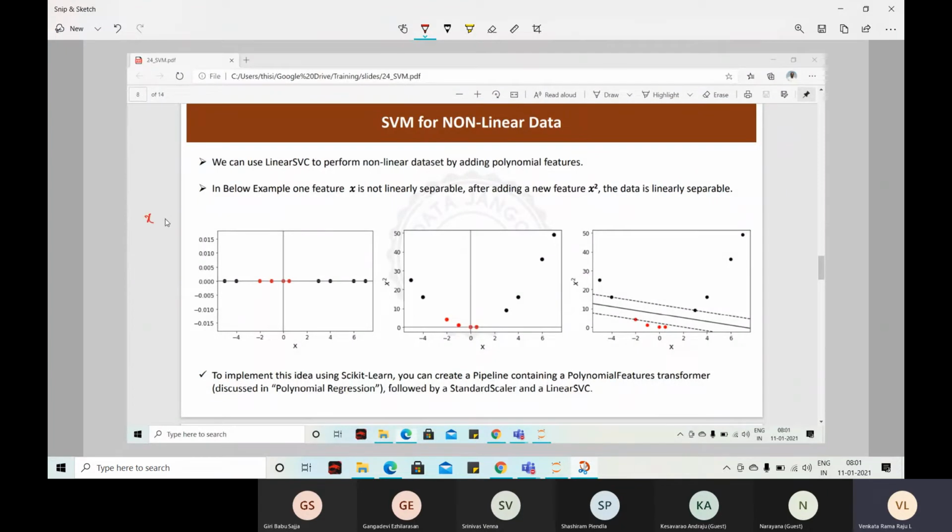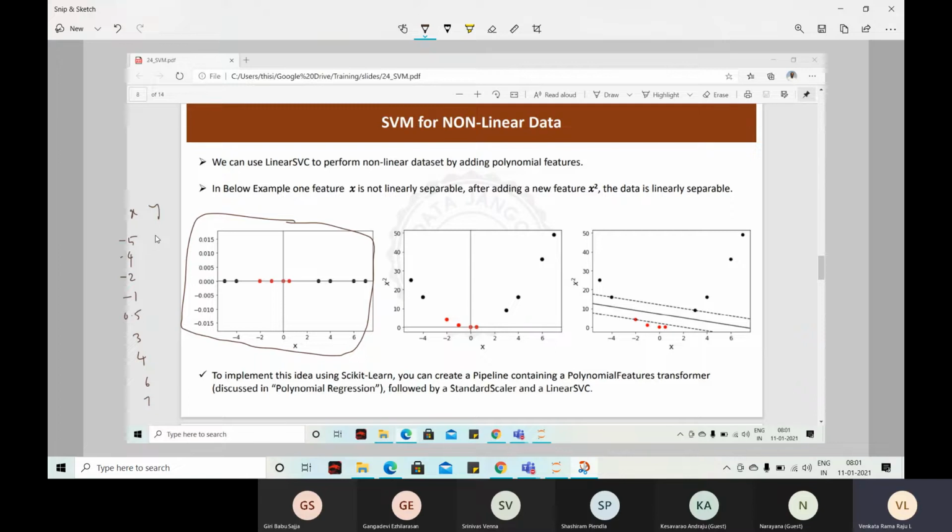So there is X and there is Y. I am trying to create a data set for this particular graph. X is -5, -4, -2, -1, 0.5, 3, 4, 6, 7.